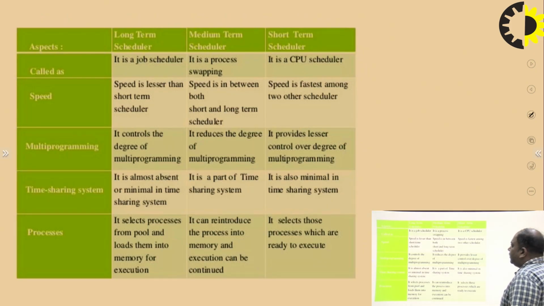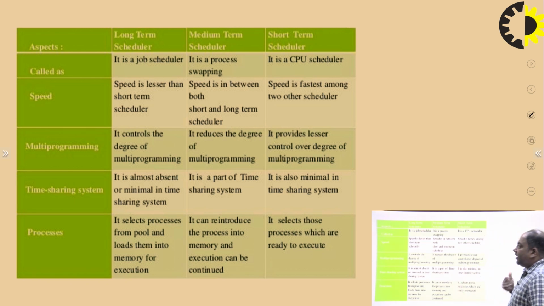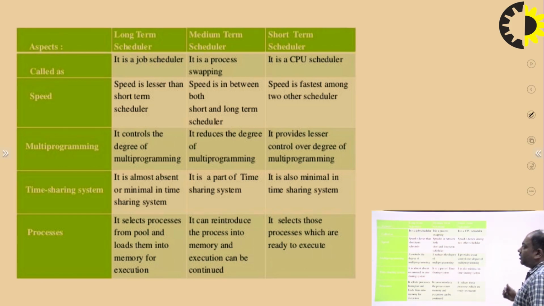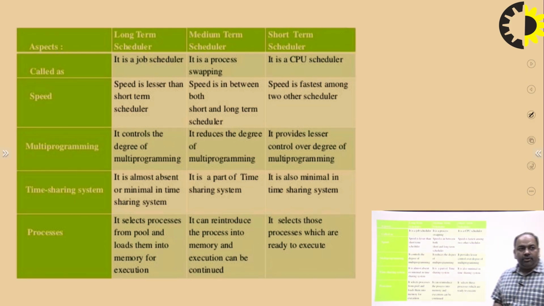So these are the short differences or similarities between all these types of schedulers on the basis of their aspects. There are five aspects: their speed, their level of multiprogramming, their time sharing system, and their processes. The long-term scheduler is a job scheduler, the middle-term scheduler is process swapping, and the short-term scheduler is the CPU scheduler.